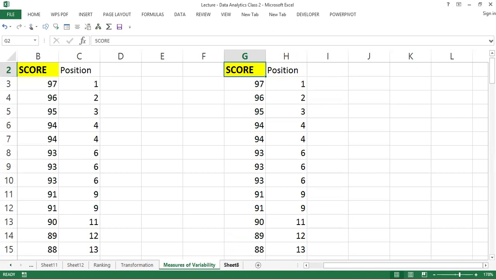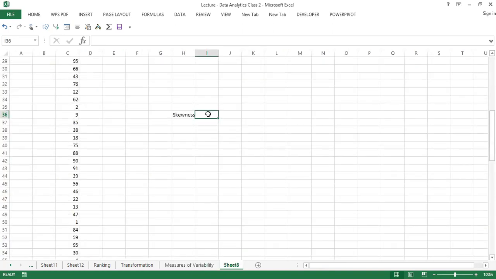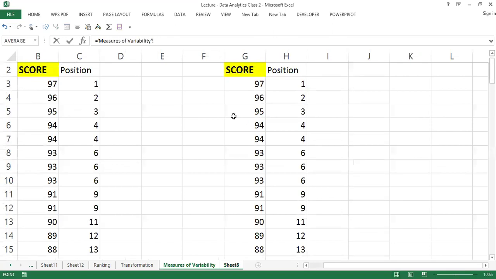Okay. So I want to put the result here. Just type equal to, click on the sheet. No, sorry.